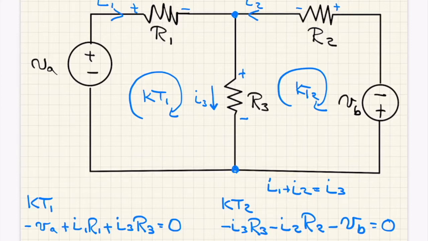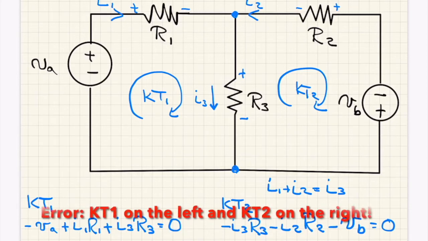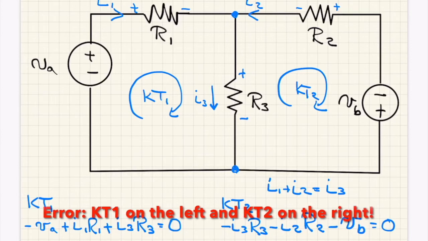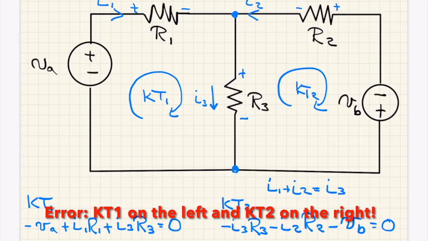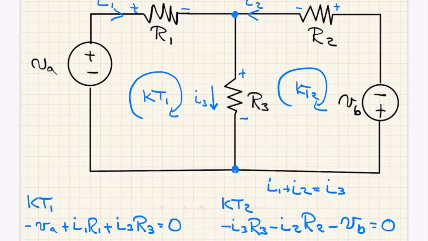So now we can start to solve these equations. And strategically, I like to lay them out like this, with KT1 on the right side and KT2 on the left side, because my usual strategy is to maneuver both these equations to the point where I can set them equal to each other, which means I have to have them set up in terms of one or the other of the currents. And I can pick either one.